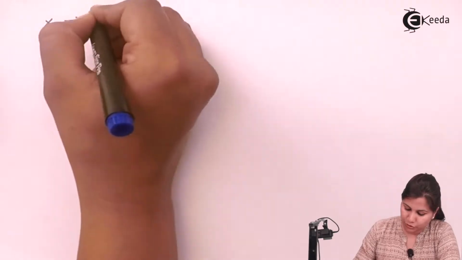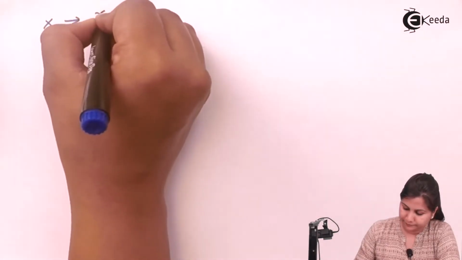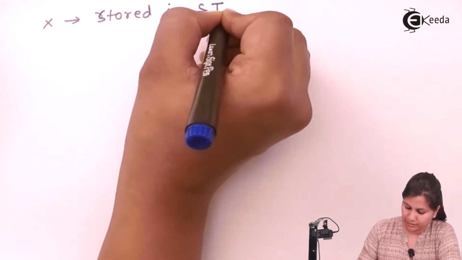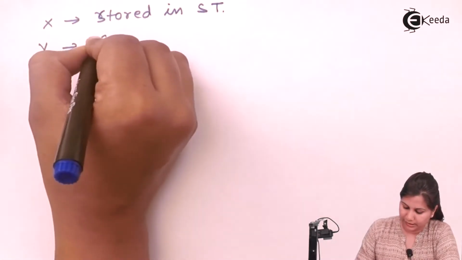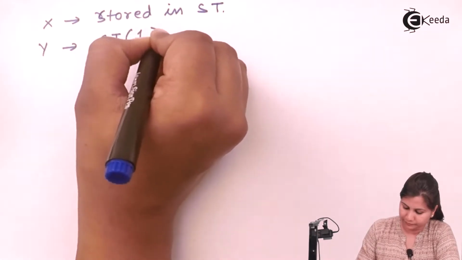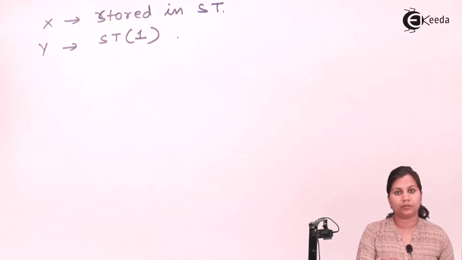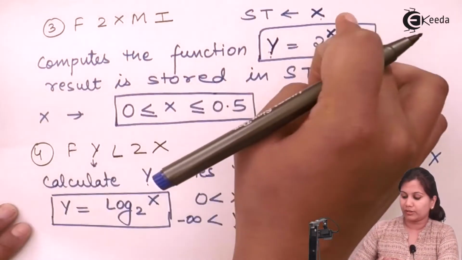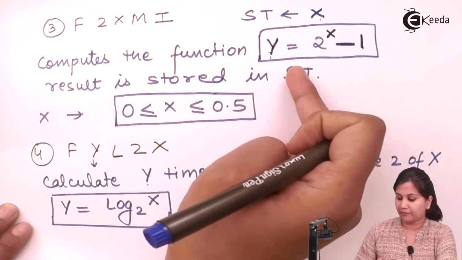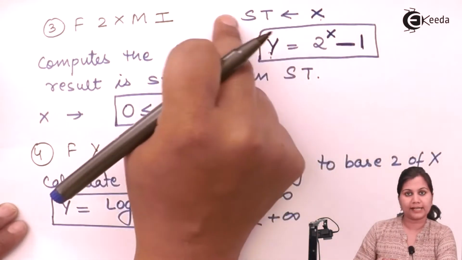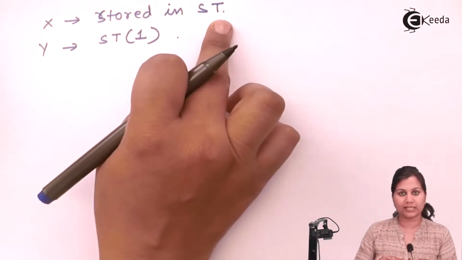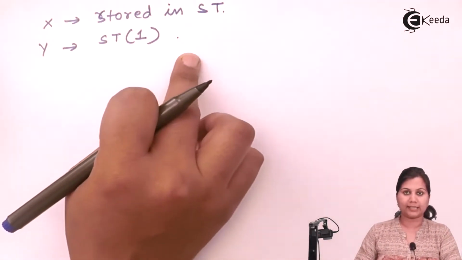Now in this instruction, x is stored in ST and y is in ST1. In the earlier instruction, x was stored at ST and y replaced the x and was stored at ST. Here x is stored in ST and y is stored at ST1.